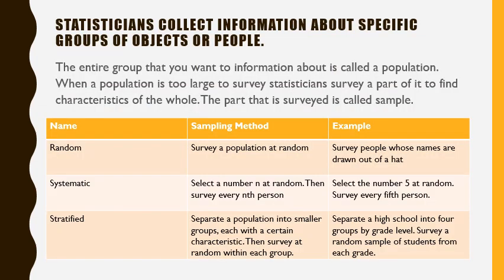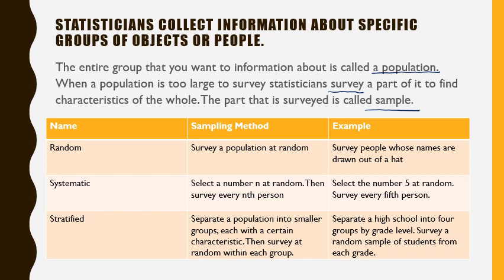All right, so statistics usually collect information about specific groups of objects or people. The entire group you want information for is called a population. And when a population is too large, we collect surveys as a part of a characteristic. And then that part of the survey is called a sample.